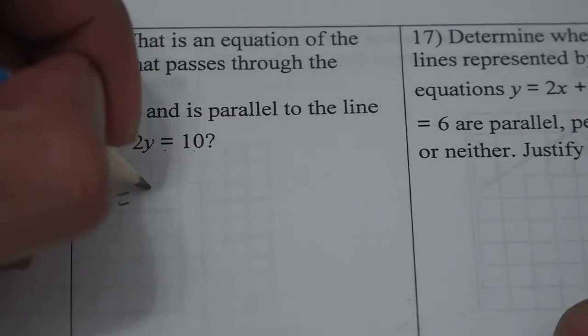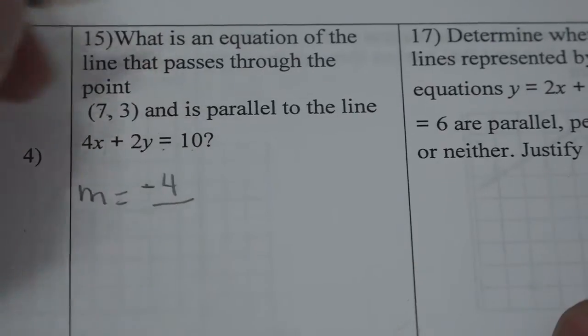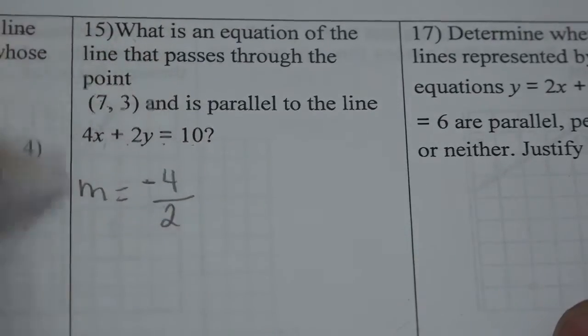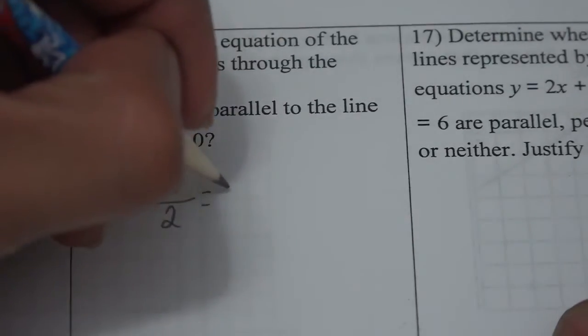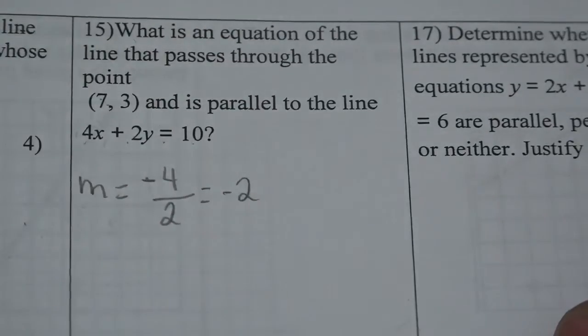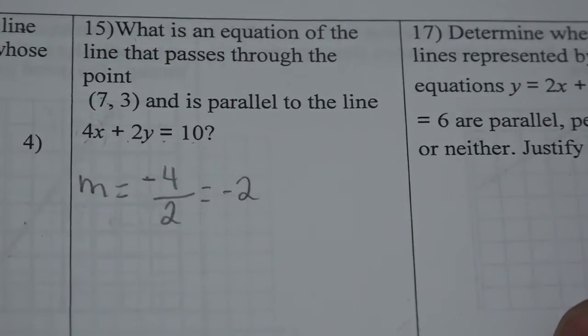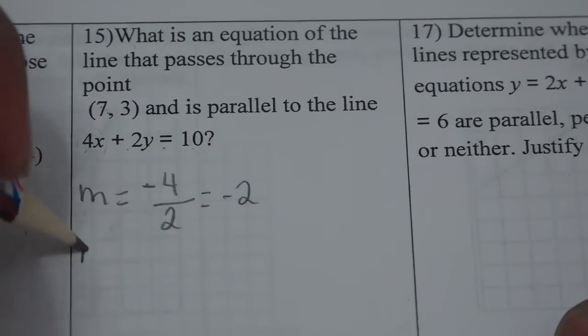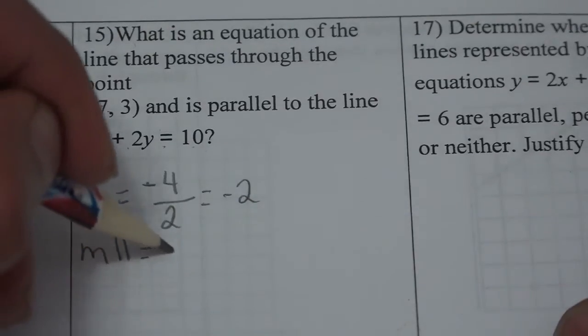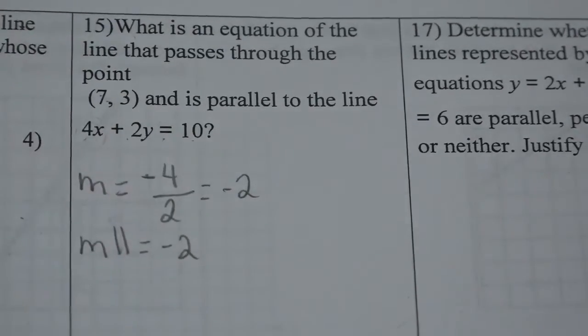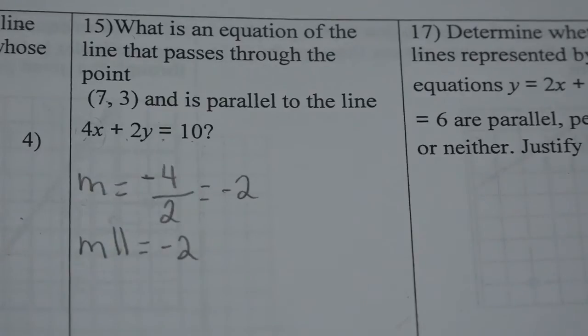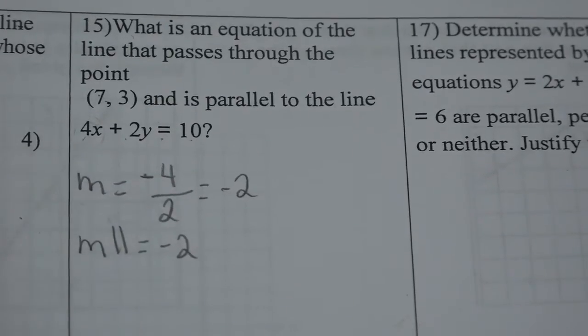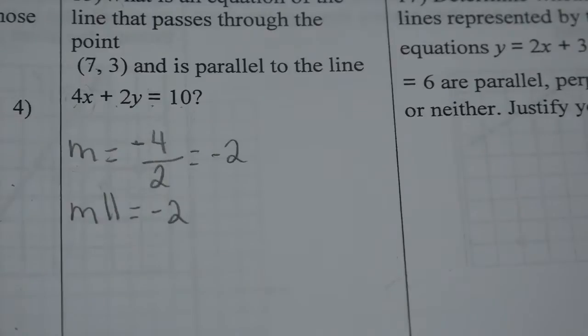So the slope starts at negative 4, and then I divide by the number on the y. So the slope is negative 4 over 2, which is negative 2 over 1. The slope of a line parallel to it should be negative 2 as well, because parallel lines have the same slope. Now I summon my favorite friend, which is y equals mx plus b.